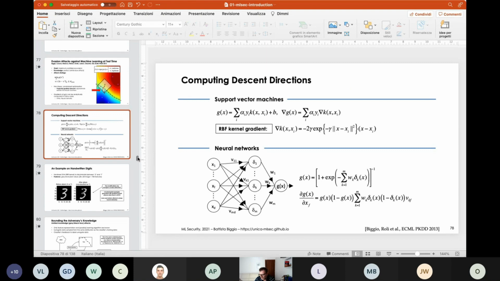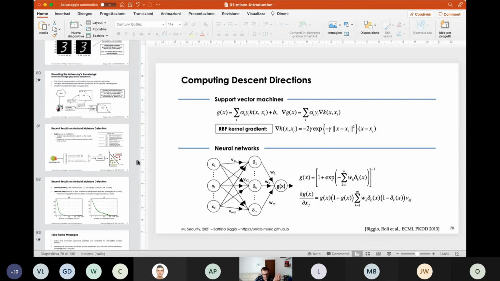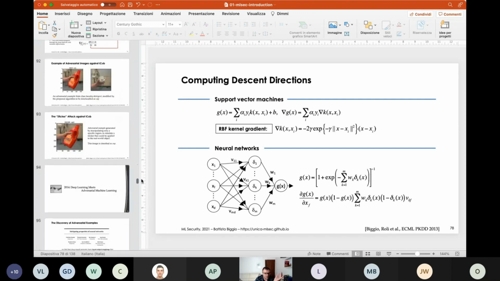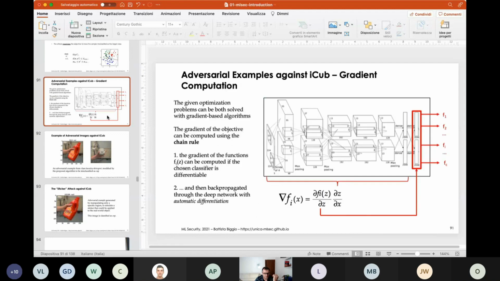Then you have numerical differentiation, where you start from a sample, you query the neighbors, and then you estimate the gradient numerically by estimating the differences of the outputs. So that's by finite difference, basically, and this is very expensive. Automatic differentiation is another story. The basic idea is that you can map this network, or in general this function, as a computational graph.